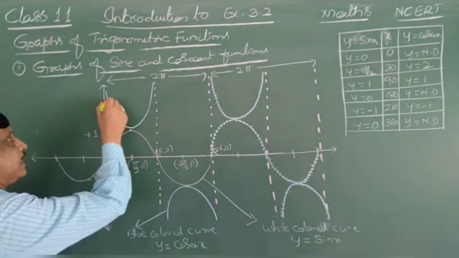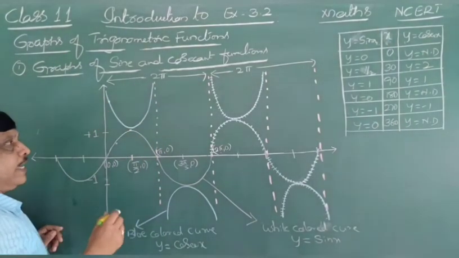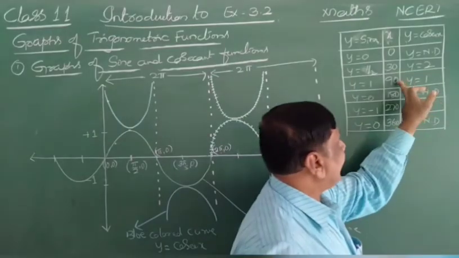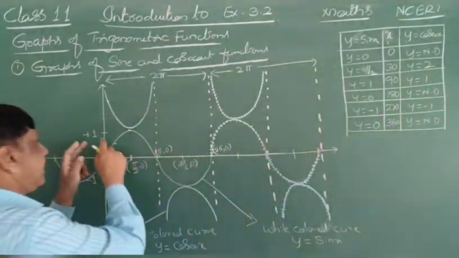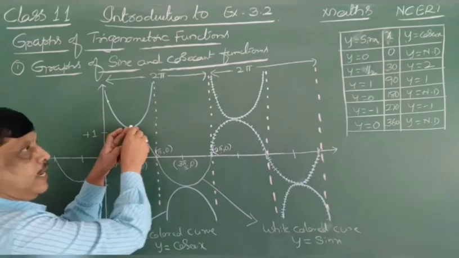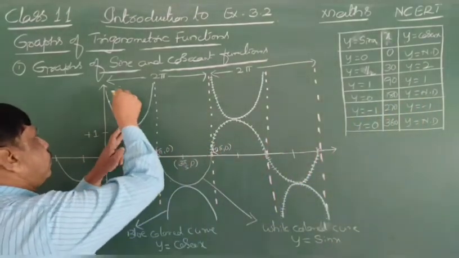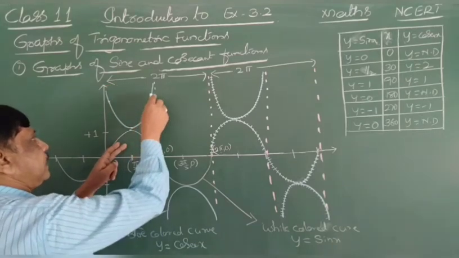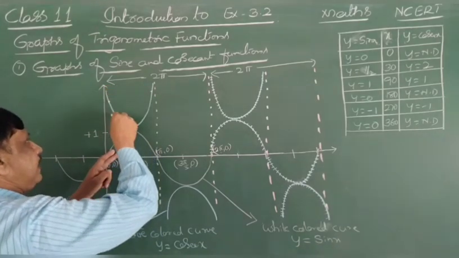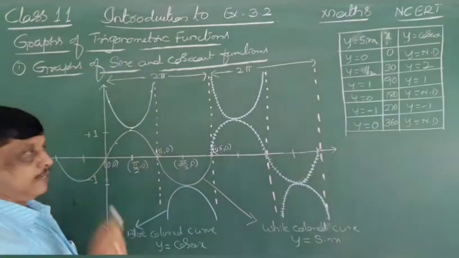It may be approximately here. Next, when x is equal to 90 degrees, y becomes 1. Again, this is 1. Next, when x is equal to 180 degrees, again it is not defined. So here, this is a point and this is also a point. After joining these points, we get a shape like this.